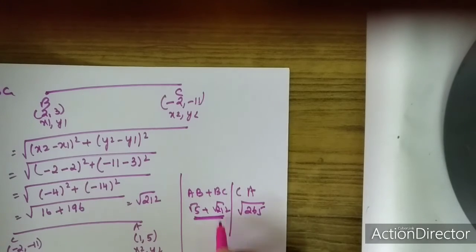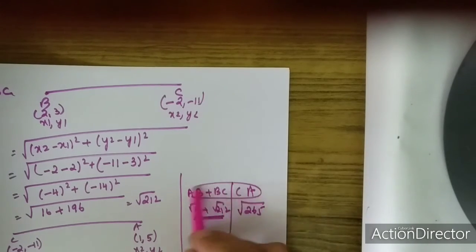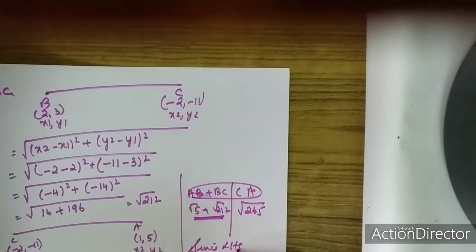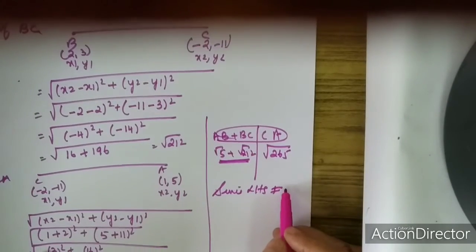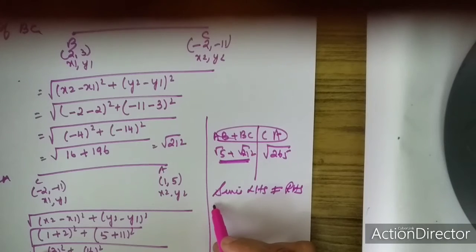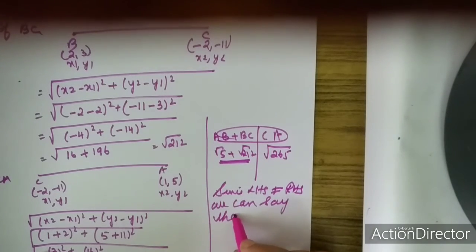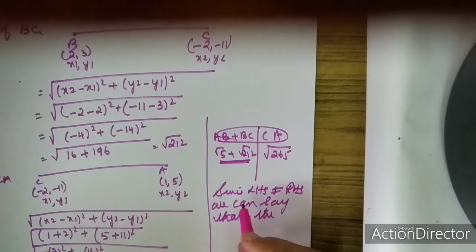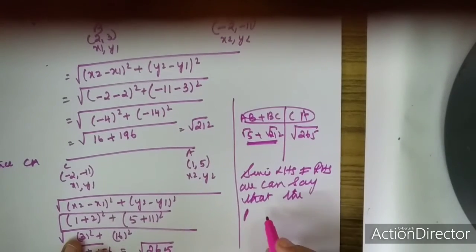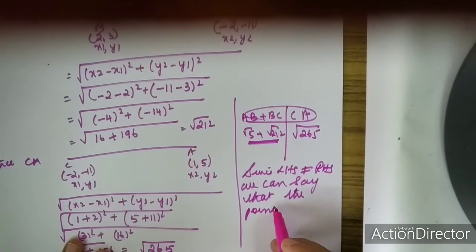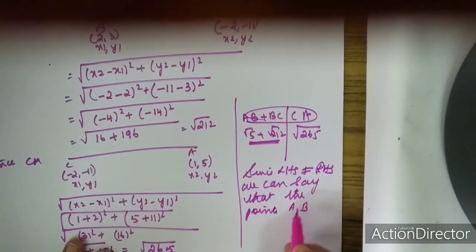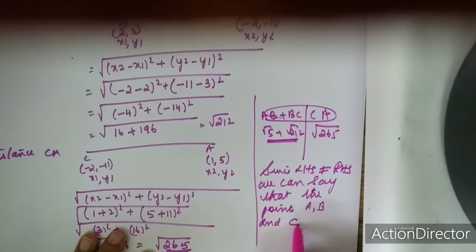So we cannot add these two. So now this is not equal. Since LHS is not equal to RHS, we can say that the points A, B and C are not collinear.